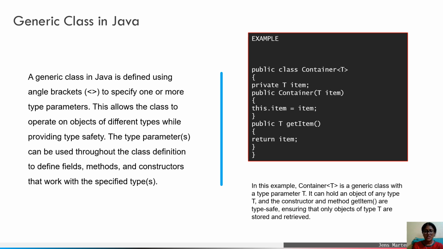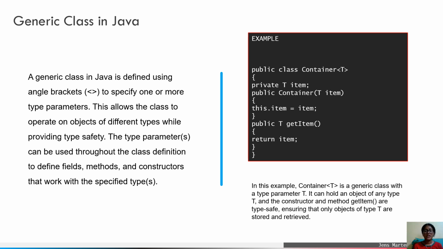So here in this example code, Container<T> is a generic class with a type parameter T. It can hold an object of any type T, and a constructor and a method getItem are also using the item of type T, ensuring type safety so that only objects of type T are stored and retrieved.